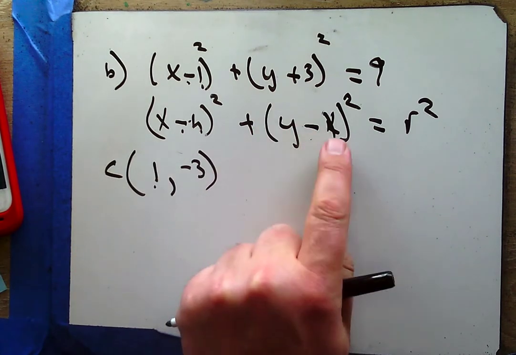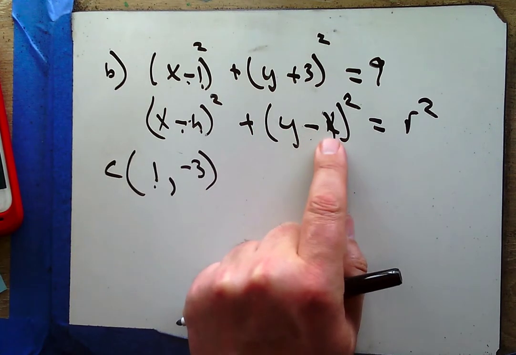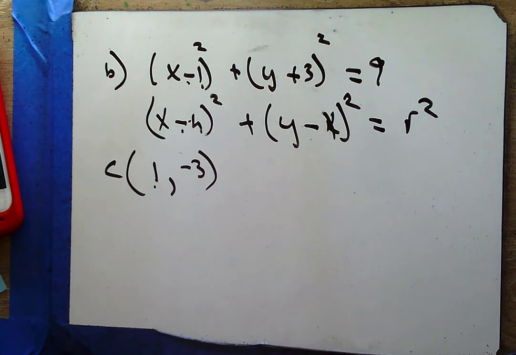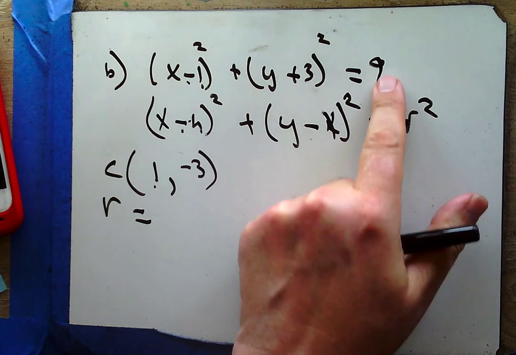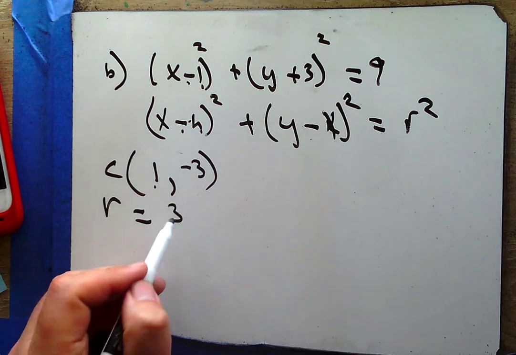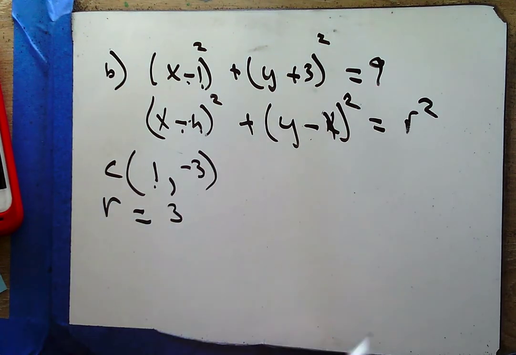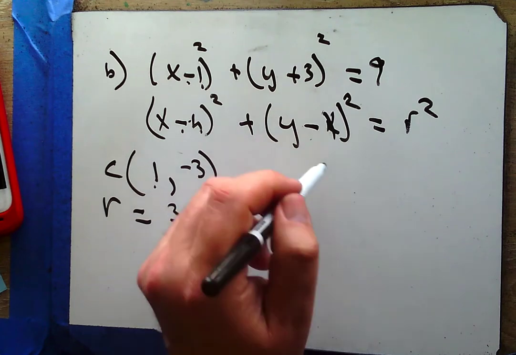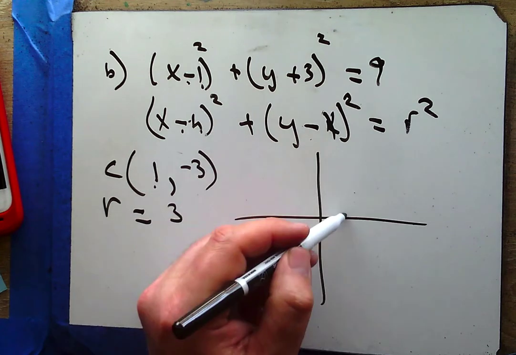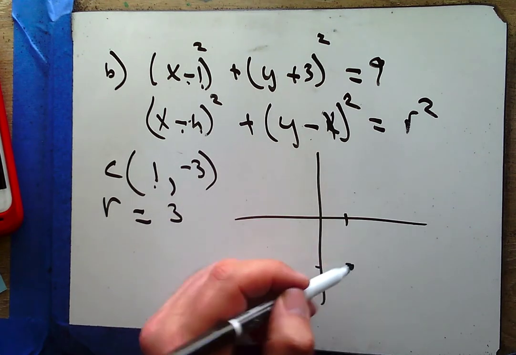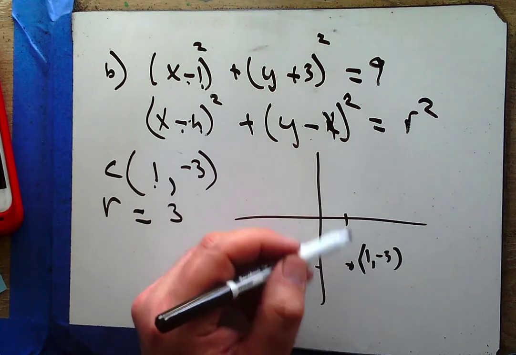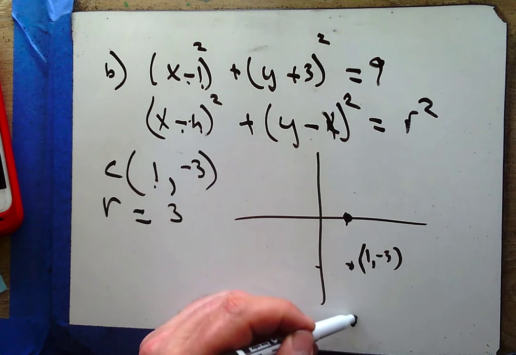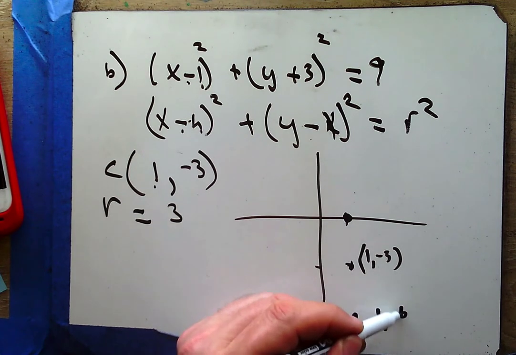So if I plug a negative 3 in here, minus a minus 3 gives me plus 3. Great. And what about the radius? Well, we know that this is radius squared, so radius is the square root of that number, or 3. And then, as we graph, 1, negative 3, and I want to go 3 in each direction. So I'm going to go up 3, I'm going to go down 3 to 1, negative 6.